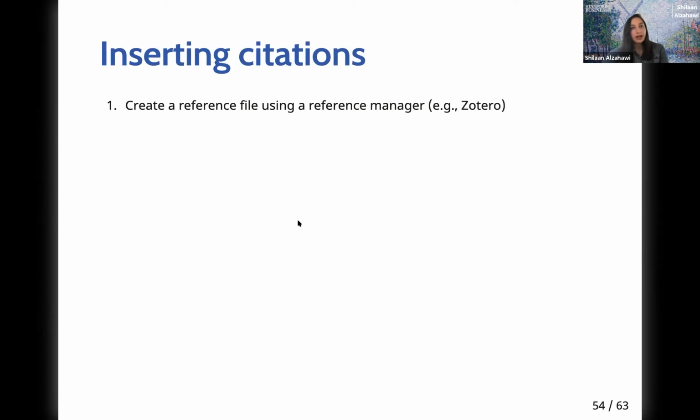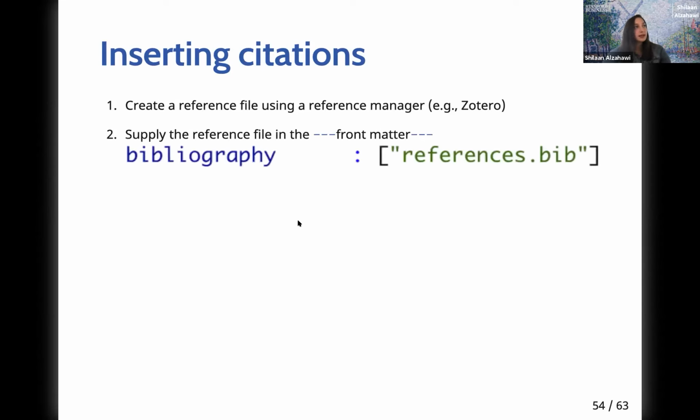So the way we now insert citations is, one, we have to create a reference file using our reference manager. In this case, I would recommend Zotero, as I said. Then we need to supply this reference file in our front matter. So let's say you have a folder for your manuscript, and we call this folder project 1. In that folder, I have my R Markdown file. Make sure that in that folder, you also have your bib file, so your reference file that you created using Zotero.